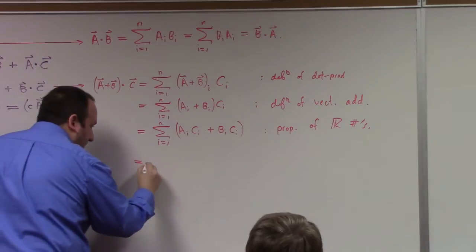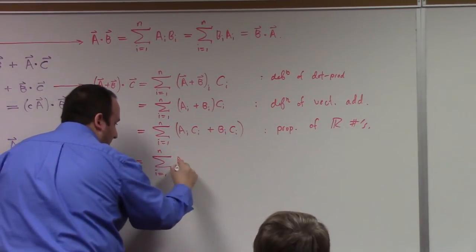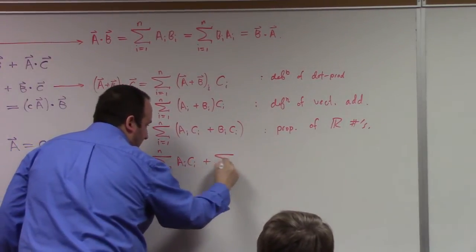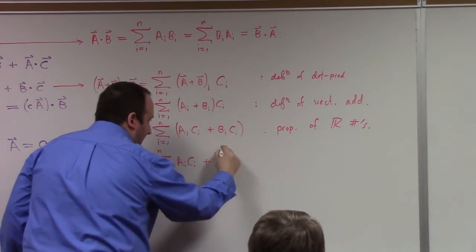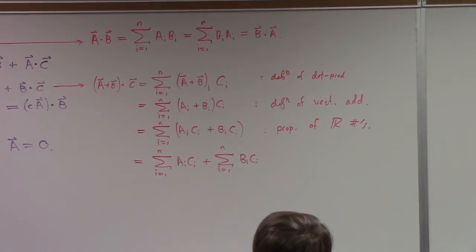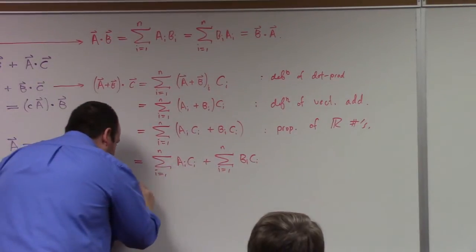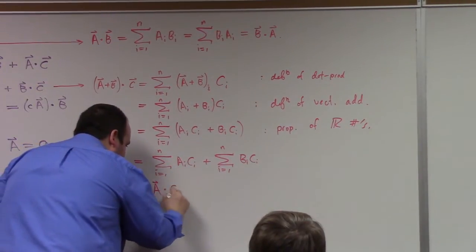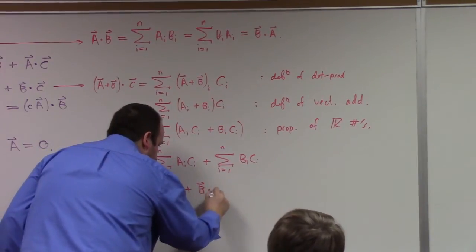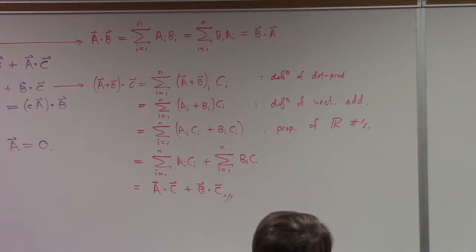My next step is to write this as the sum i equals 1 to n of a_i c_i plus the sum i equals 1 to n of b_i c_i. This is just a property of finite sums. And then this is exactly A dot C plus B dot C. And there you go. That's why this is true.